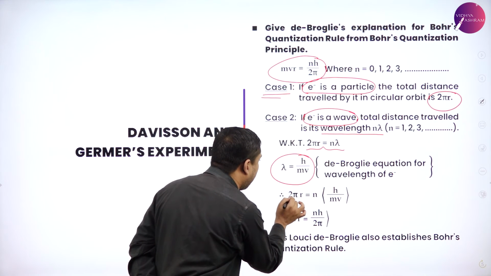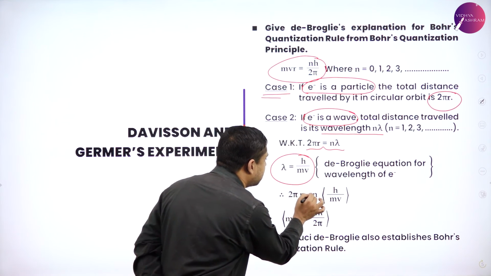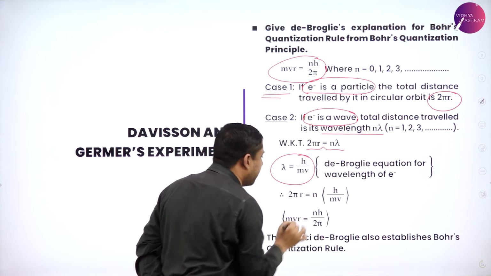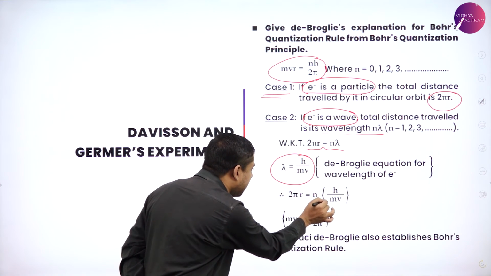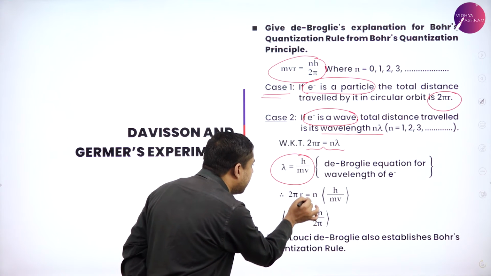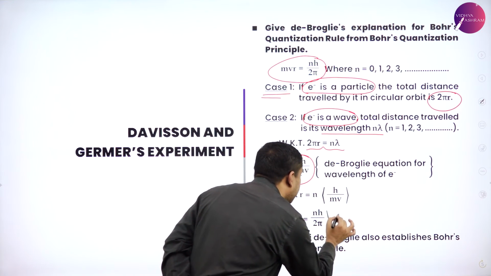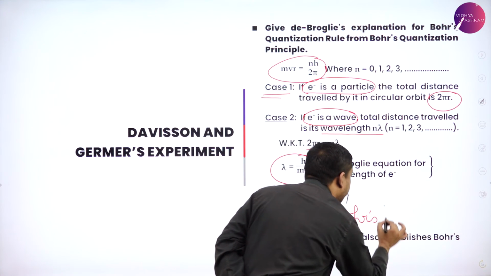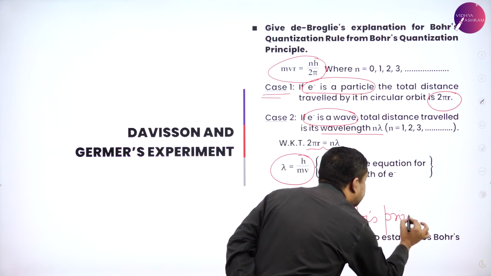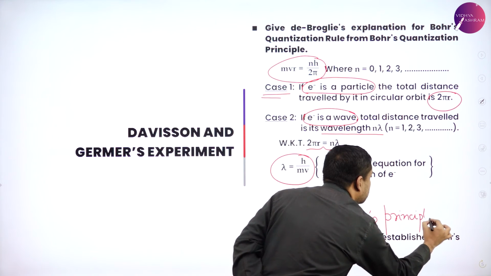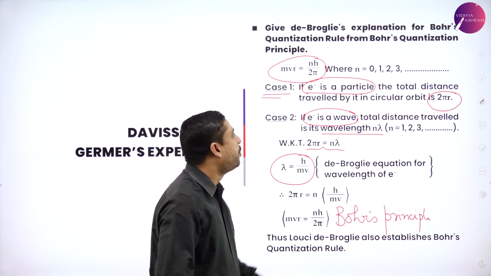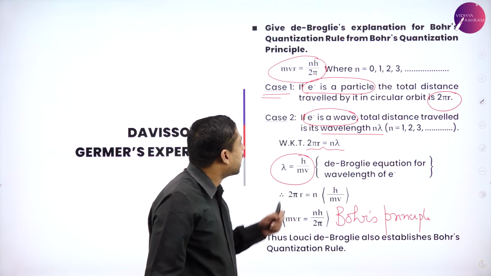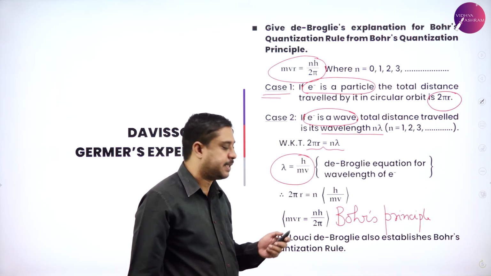Substituting for lambda, 2 pi r equals n times h divided by mv, or rearranging, mvr is nh by 2 pi. So again, very clearly from this, Bohr's principle is established. So Louis de Broglie also argues and confirms the quantization principle.